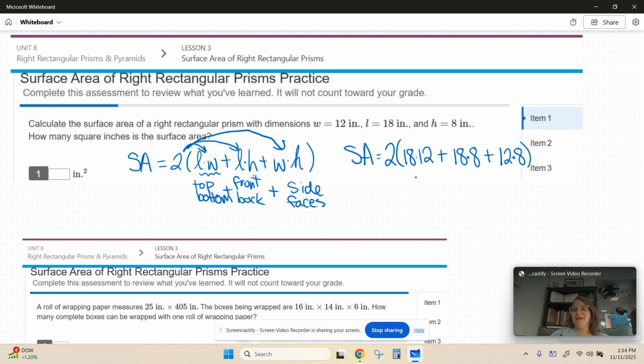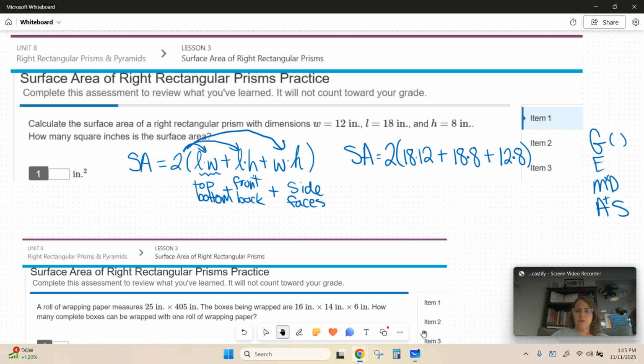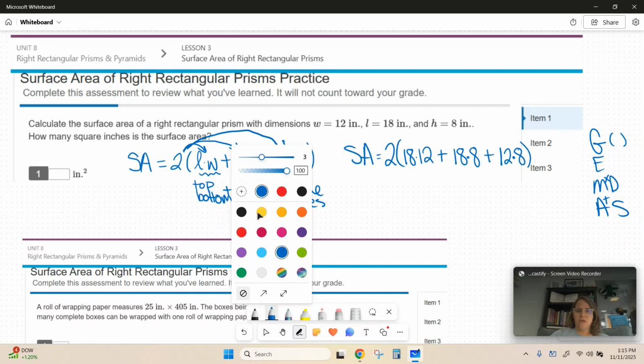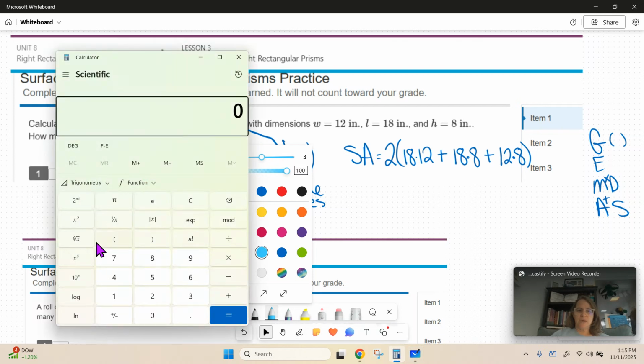Now I'm going to follow the order of operations. I've got a grouping symbol here, and within the grouping symbol, I'm going to multiply before I add. So the first thing I'm going to do is multiply the terms, 18 times 12, 18 times 8, all of those, and I'm going to do those in a calculator.